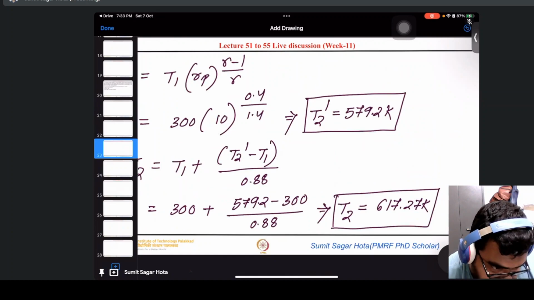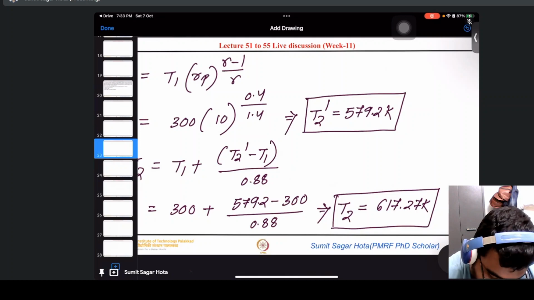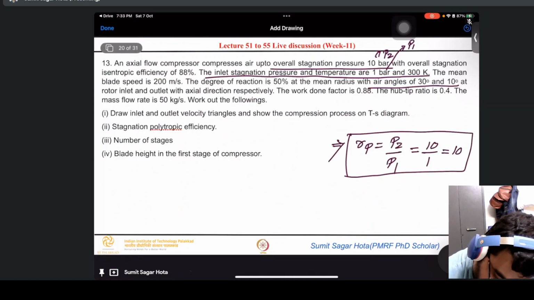Now here it's written the process is polytropic. Isentropic efficiency 88% is given.